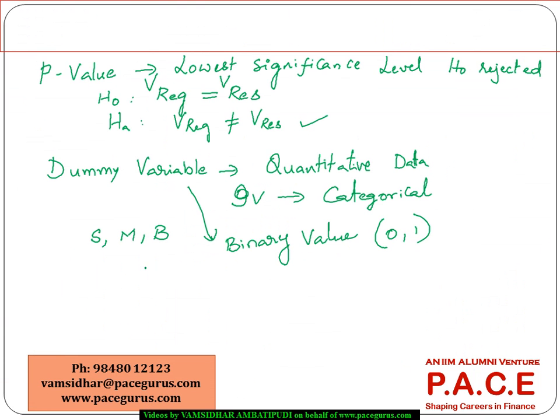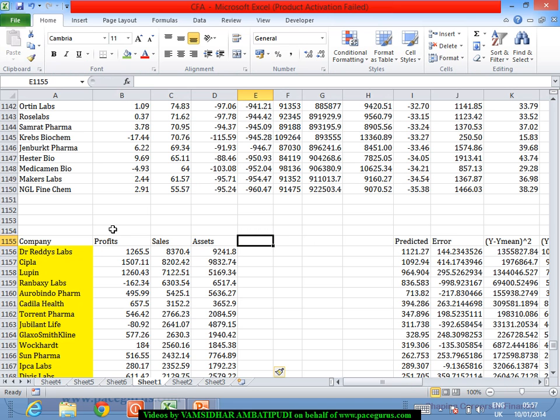So we have to construct our categories in such a way that this is either 0 or 1 only. It takes the values either 0 or 1 only. So assume that I am creating a variable called big. This is how we create our dummy variable.